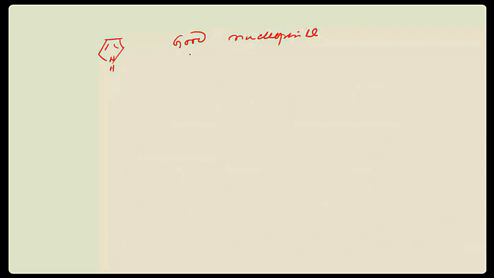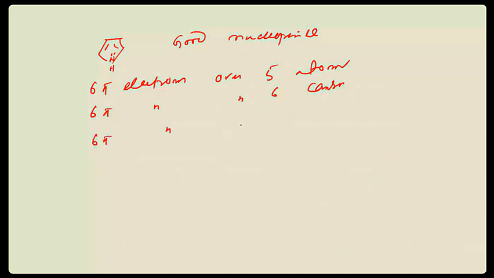Why? Look, this nitrogen is a part of this delocalization. So we have 6 pi electrons over 5 atoms. Benzene has 6 pi electrons over 6 carbons. Pyridine has 6 pi electrons over 6 atoms, 5 carbon and 1 nitrogen.